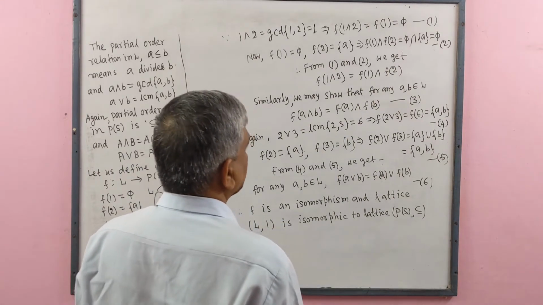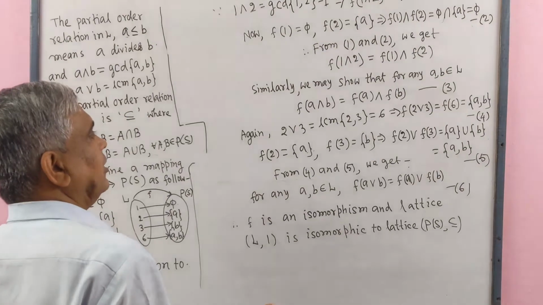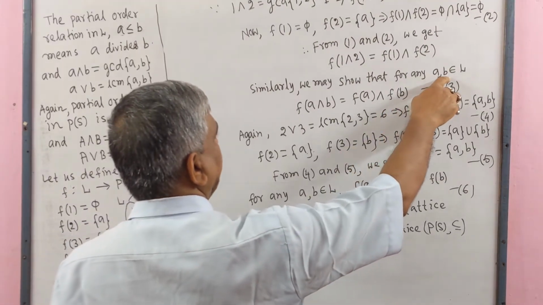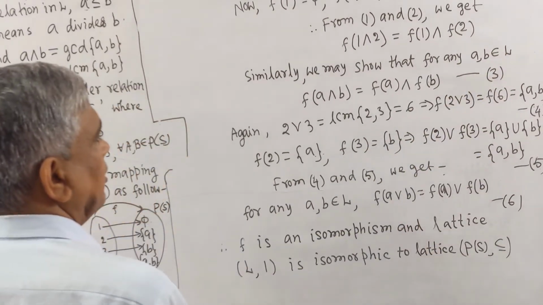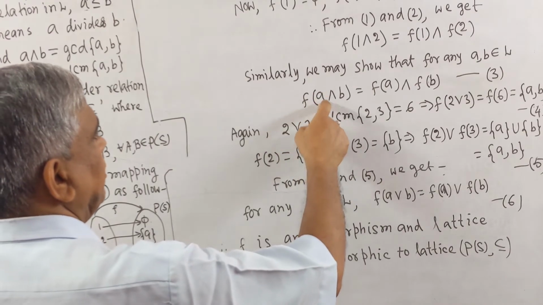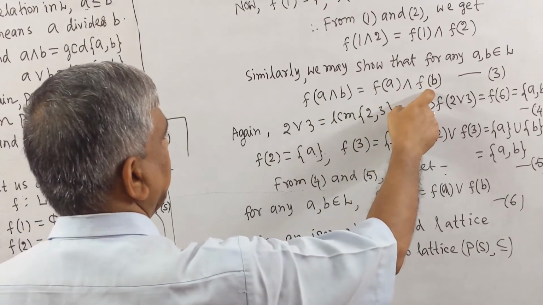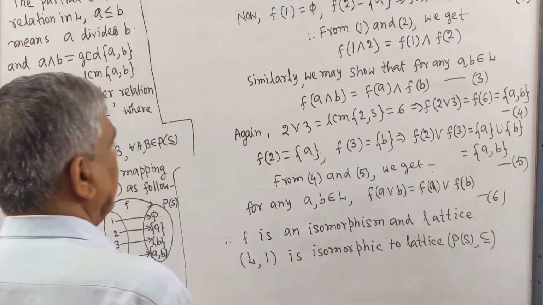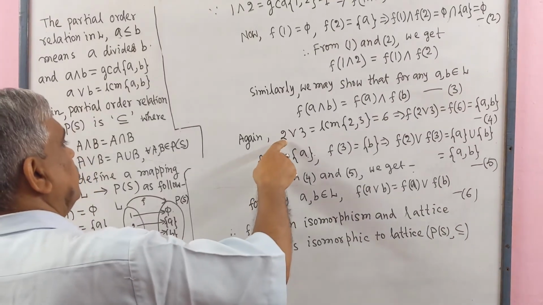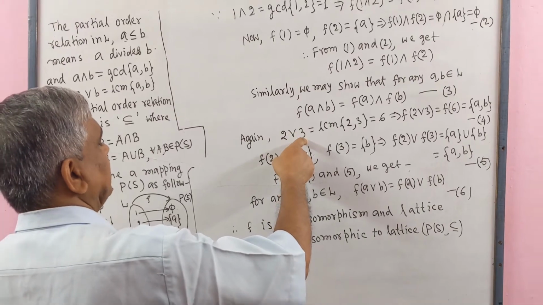Similarly, we may show that for any a and b belonging to L, f(a meet b) equals f(a) meet f(b). This is number 3.